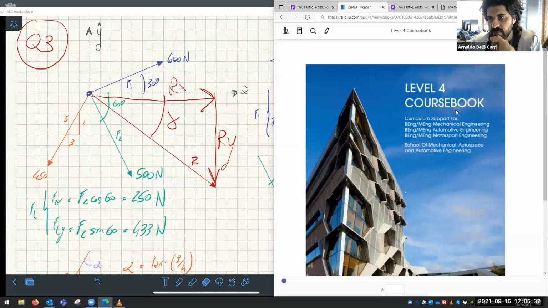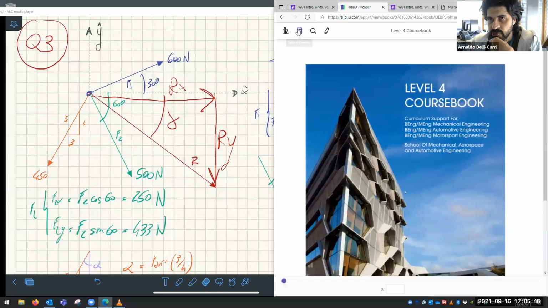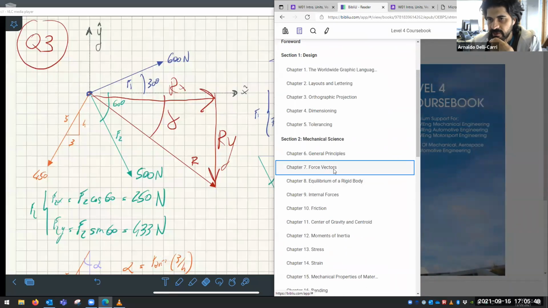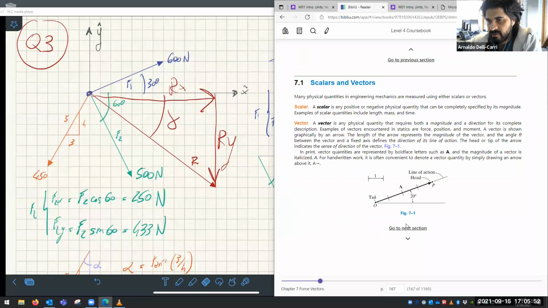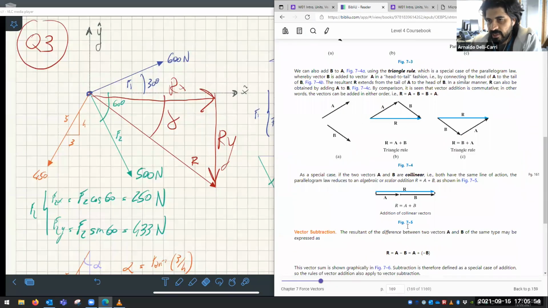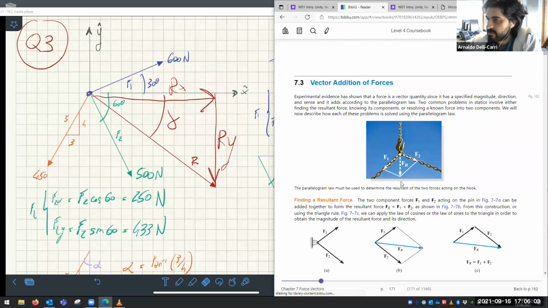So you'll see this is the course book. And I told you, look at example 7.3 and example 7.4. Now, if you go to chapter 7, which is force vectors, this is exactly what we did in class. So there's the lecture, parallelogram laws, subtraction, multiplication, whatever. But you also find examples and more exercises.